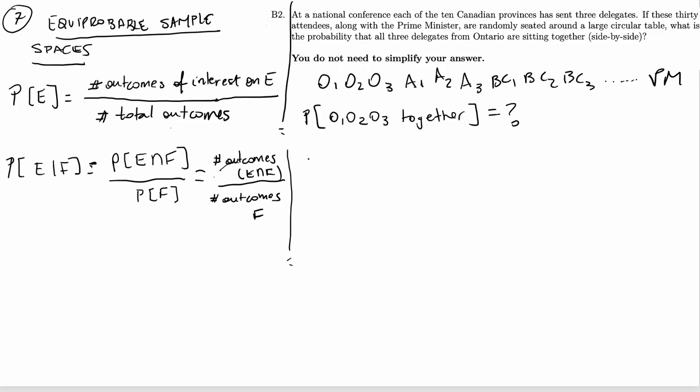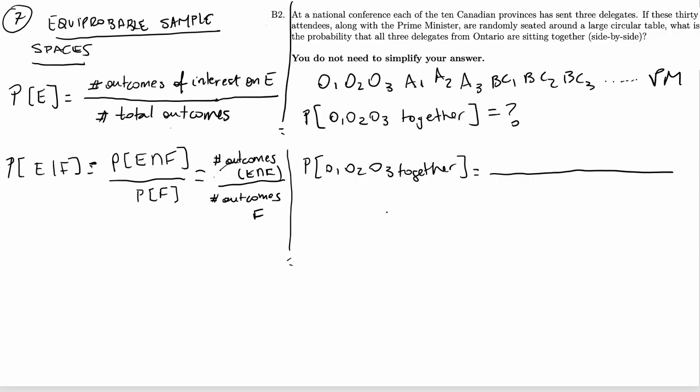So what do we have to seek for calculating this? Well, I have to remember that probability is a ratio: the number of situations that are of interest divided by the total number of outcomes.